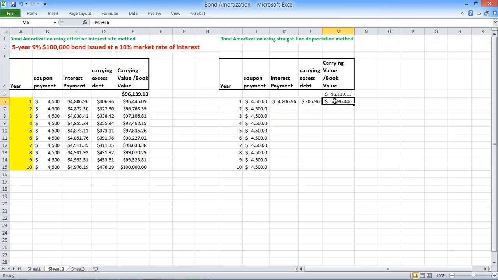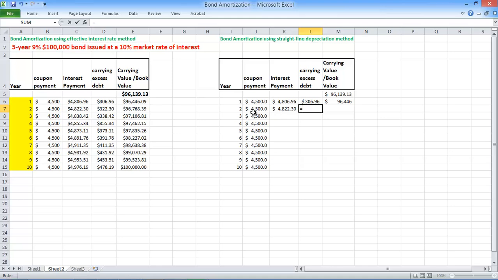So in the next year, year two, we have a 4,500 coupon. Our interest payment is going to be the carrying value from the previous year times the market rate of interest. Anytime somebody loans you money, they're not going to give it to you for free. You have to pay interest on that. So 4,500 is our coupon payment, but our effective interest payment, which goes as an expense on the income statement, is 4,822.